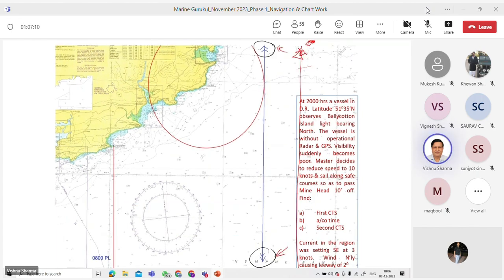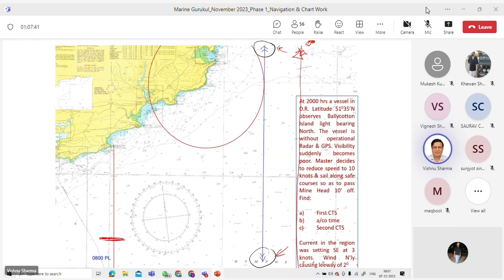Okay, now what will we do? Now you see, the vessel's DR is given 35 minutes north. That means latitude is here. This is the DR lat. Guys, when we work out our DR or our EP, depending on if we have estimated wind and current, of course EP would be a better position than the DR. We all know it.